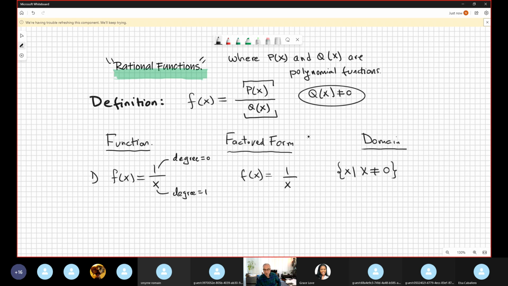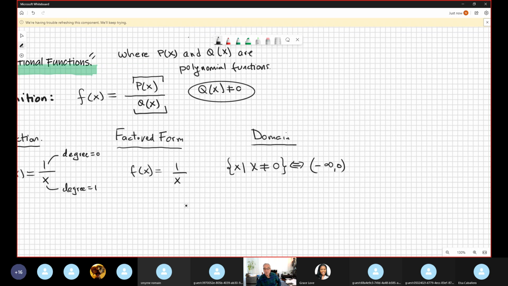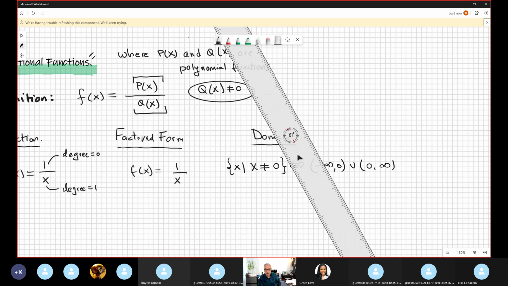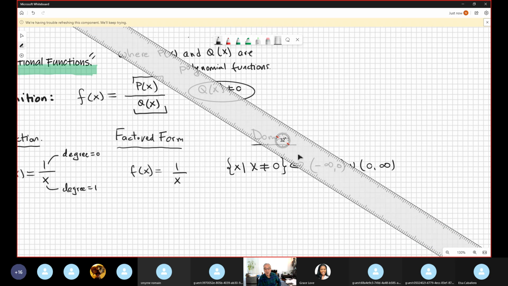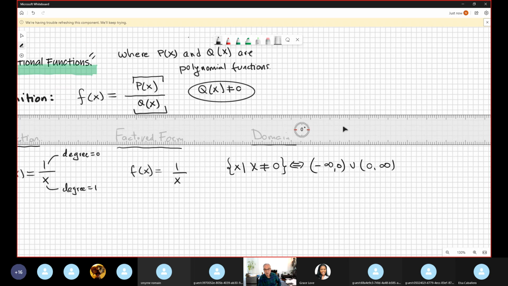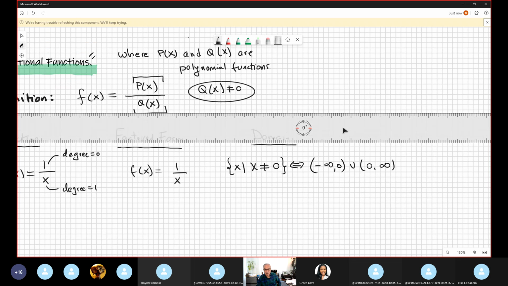Interval notation is equivalent to say from negative infinity to 0, of course, 0 not included, union 0 to infinity. Because in the whole real number line, at 0, we have a hole.